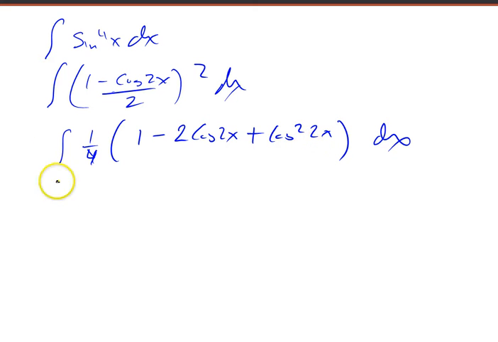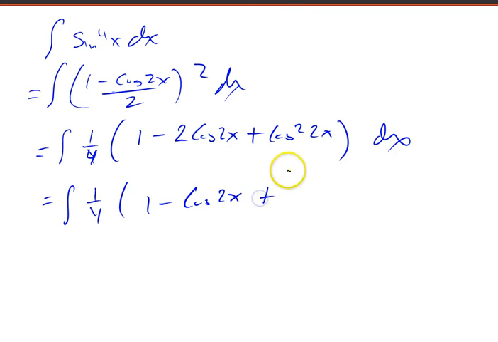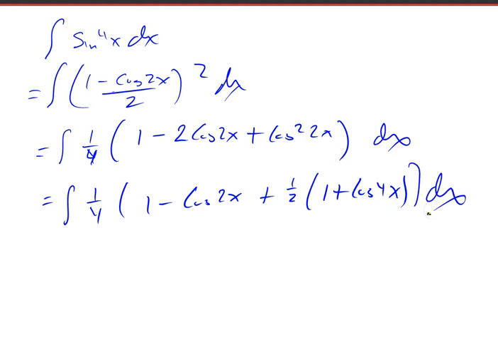So I've got the integral of 1/4, 1 minus the cosine of 2x plus 1/2 times 1 plus the cosine of 4x. So that power reducing formula with the 2x in there becomes a 4x. Anyway, and now you can integrate that. Okay. Likewise with cosine squared.